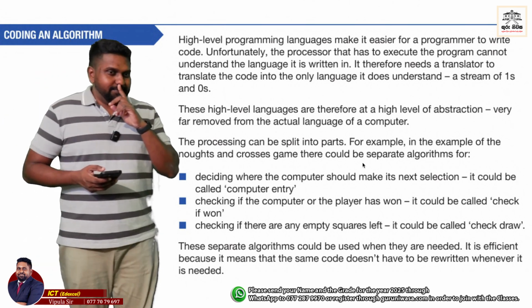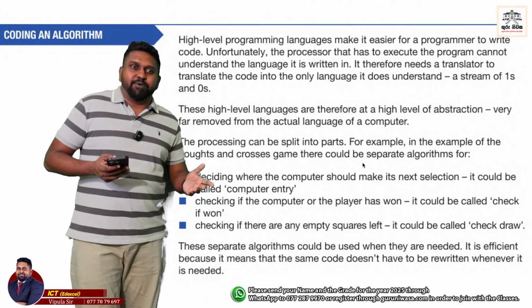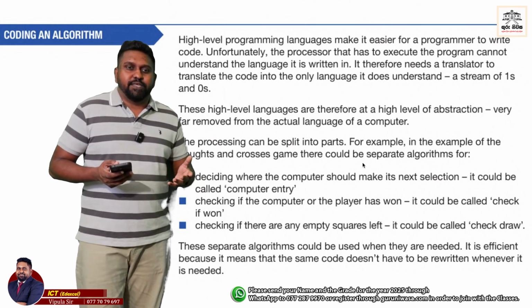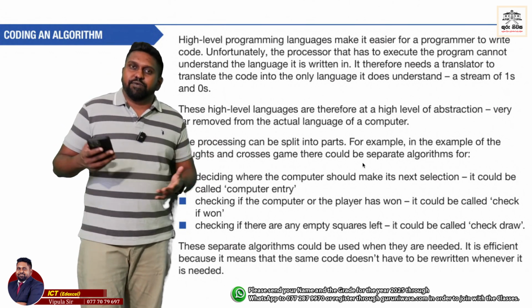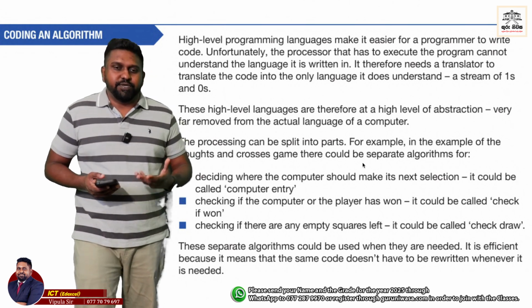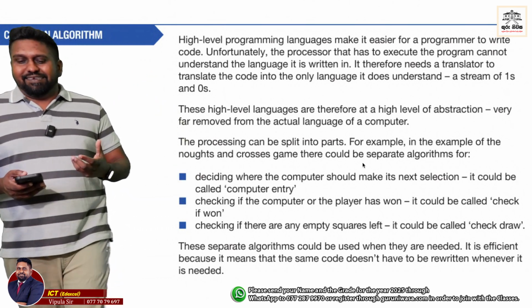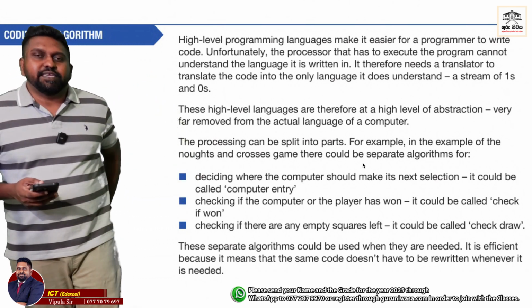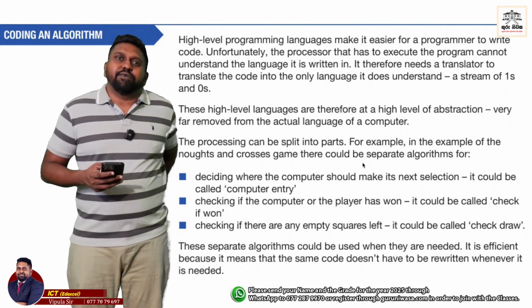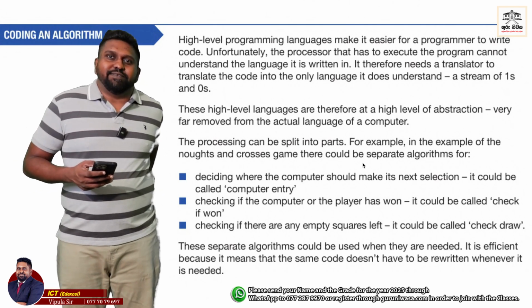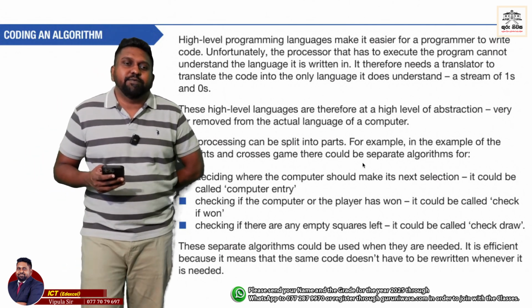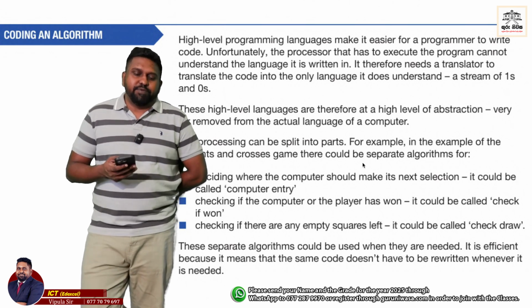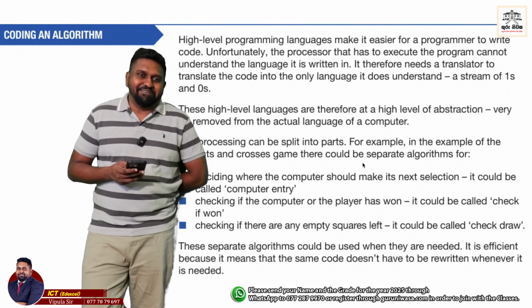But there is a point, because your CPU or your device technically cannot read and understand a high level programming language, right? So a high level programming language obviously has to be converted into a low level programming code, right?